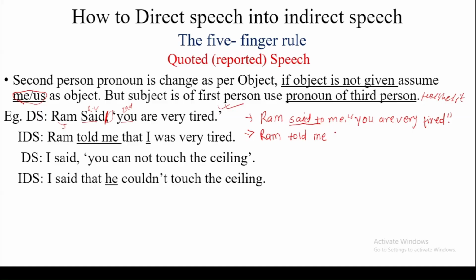Then instead of a comma we write that. Now the matter is of the pronoun you, second person. So you will be changed according to the object. I, the subjective case of me, is I, and then the tense represents present tense, so present is changed into past. So I was very tired.